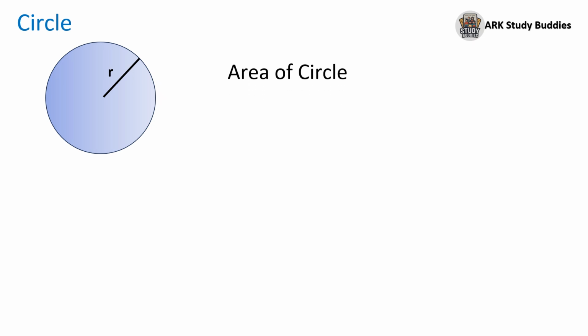Let's go to circle. So if R is a radius of a circle, then area of a circle is A equal to pi R square, where pi equal to 22 by 7 or 3.14.